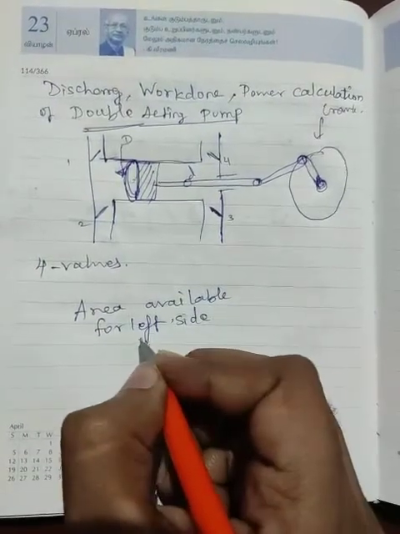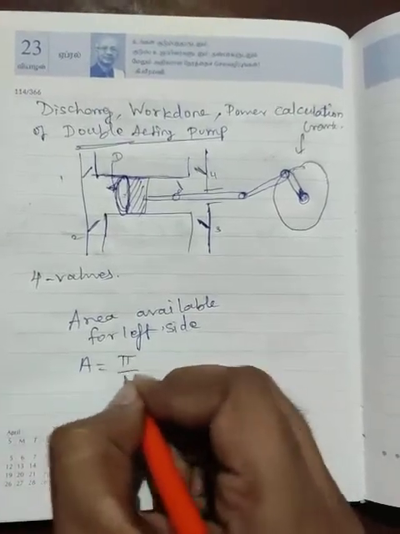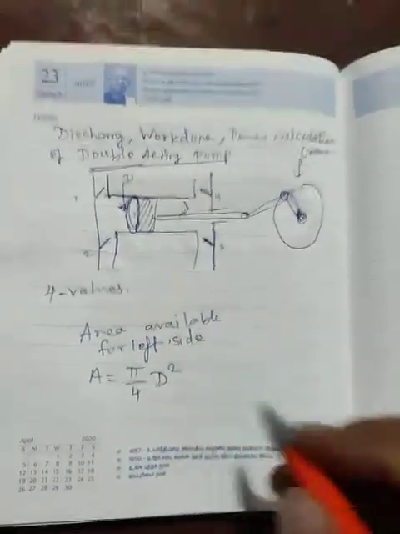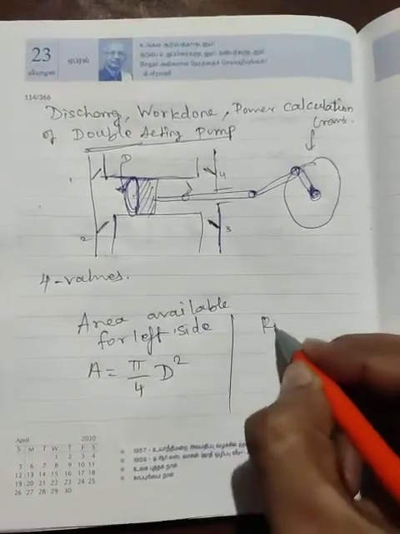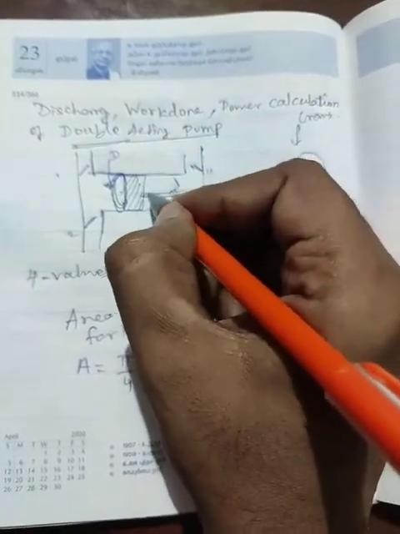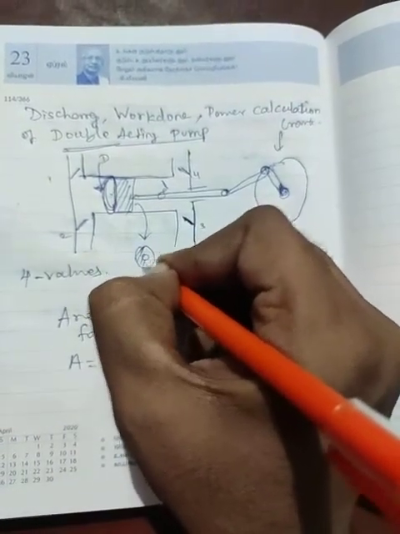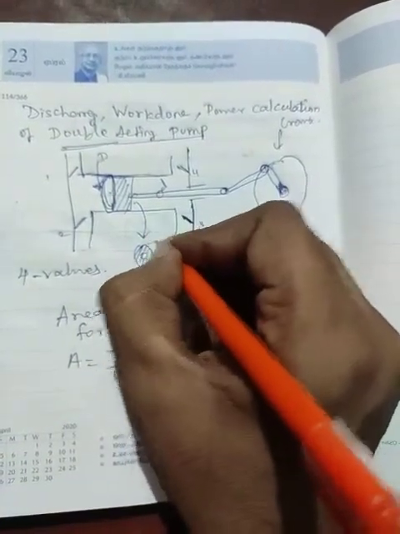So that portion we have to subtract. For the area of the left side we can take the full circle diameter, pi by 4 D square. For the right side, it is pi by 4 capital D square minus the area of the connecting rod.